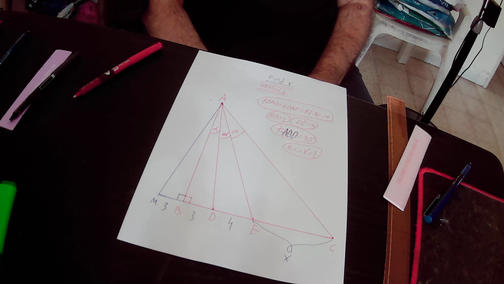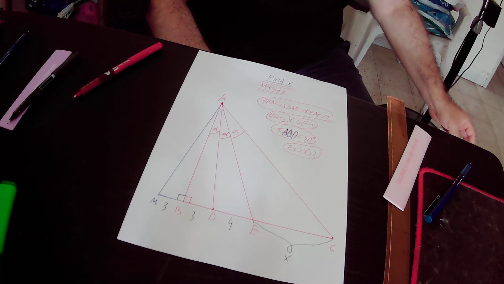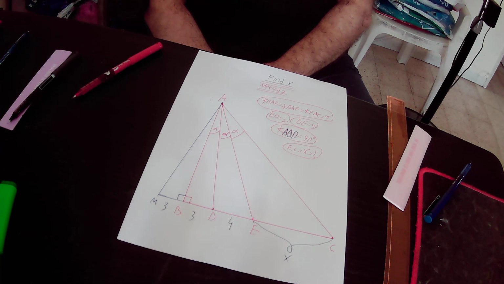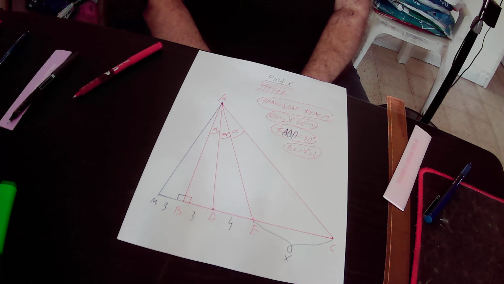Actually, the side angle side rule is when you prove that two sides and the angle between the two sides are equal to two sides and the angle between the two sides of the other triangle, then those two triangles will be congruent to each other according to the side angle side rule.